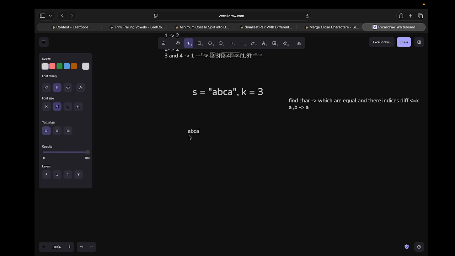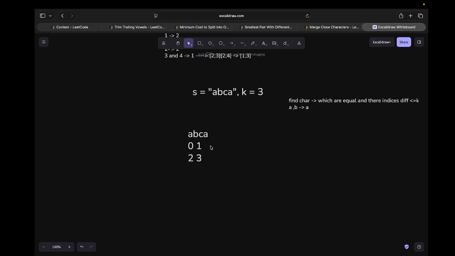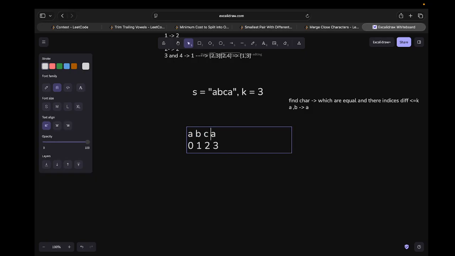If you write the indexes like this, 0 1 2 3, expand it over here, right? So these are the indices.